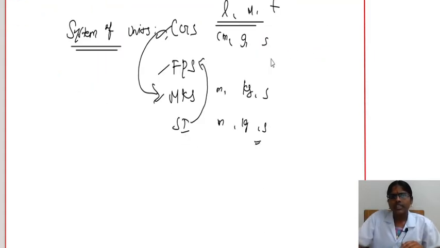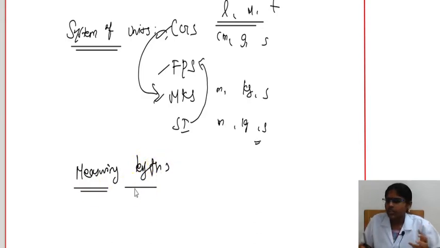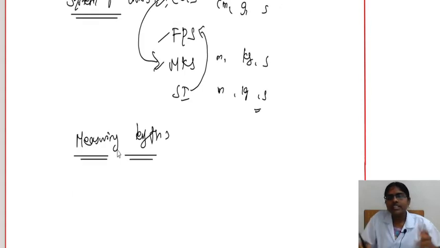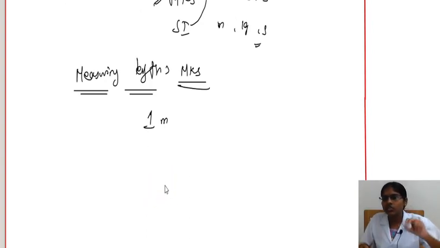Let's see. For example, consider I am measuring the length of some line or some object, whatever. I'm just measuring the length in MKS unit. So I'm measuring the length as 1 meter. Every measurement consists of two important parts.